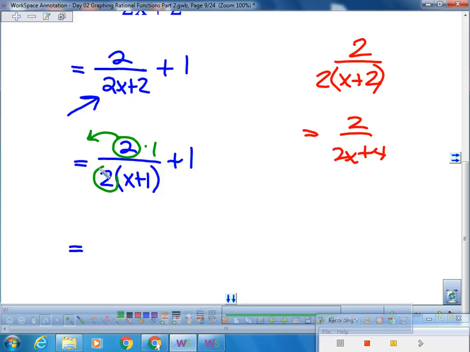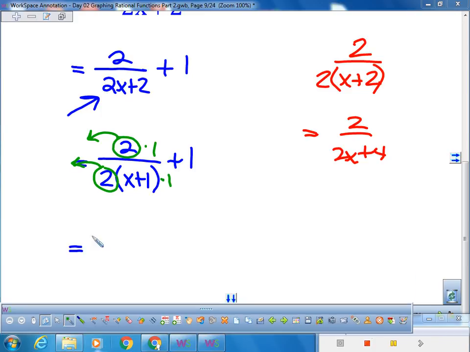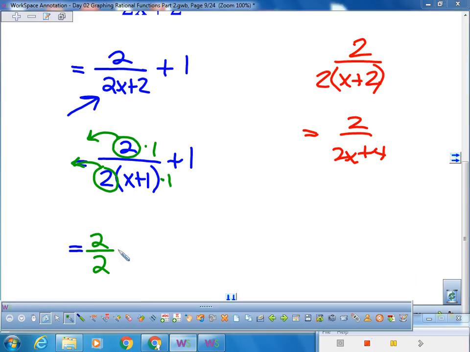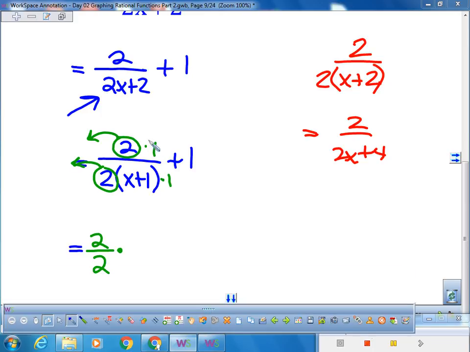Okay? When I factor out a 2 here, I'm also going to be left with a times 1. So let me factor both of those out. It means I would have a 2 in the numerator, and I would have a 2 in the denominator. Correct? I pulled 1 out of the numerator, 1 out of the denominator, and I'm left with a 1, right?